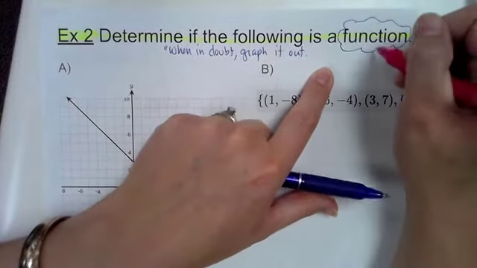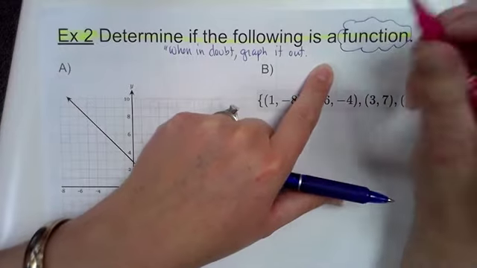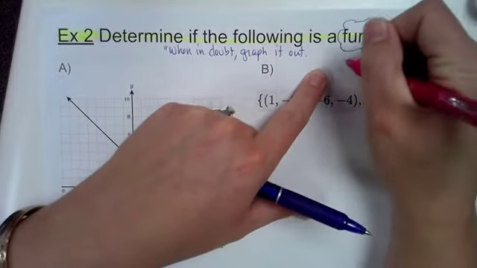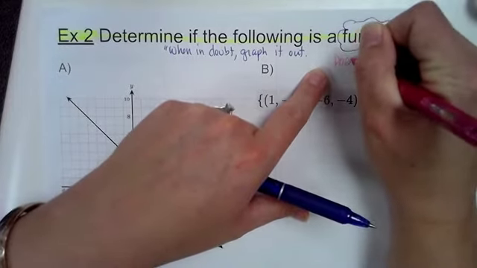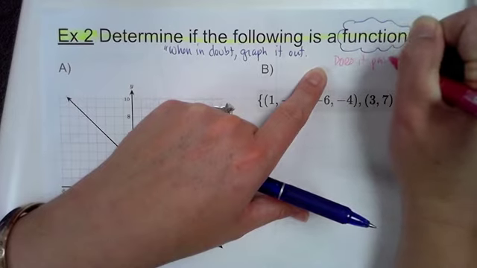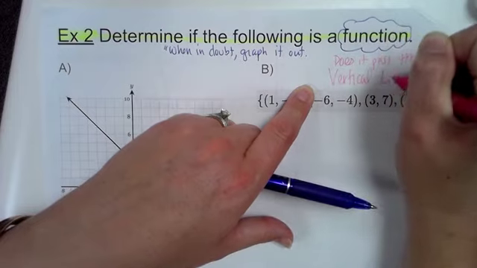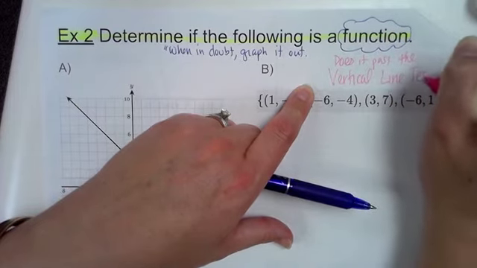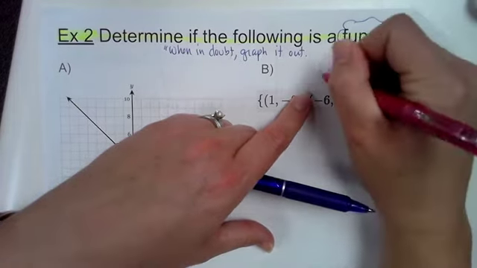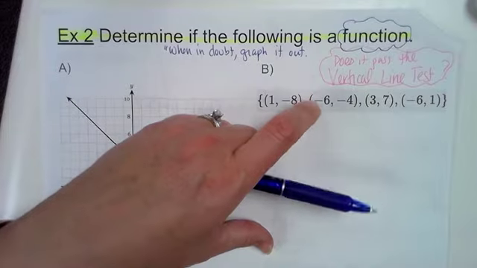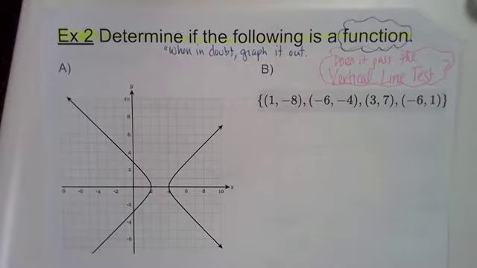So when we want to answer the question, is it a function? All we need to do is ask ourselves, does it pass the vertical line test? All right, does it pass the vertical line test is the question we need to ask ourselves.